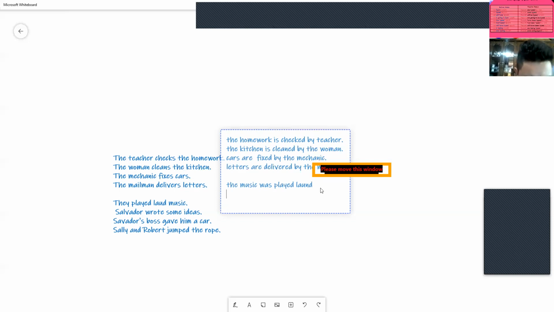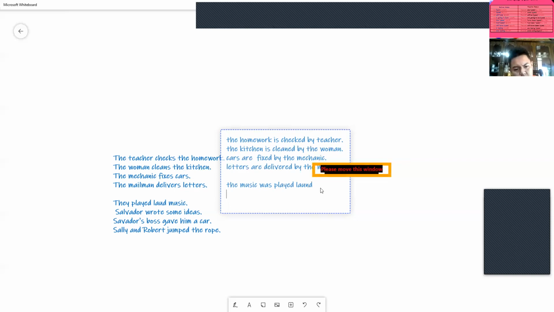Ideas. But specifically, es que dice Salvador wrote some ideas. Some ideas. Oh, ya. Ideas. Ok. Entonces sería Salvador, ¿no? What is the object? Ahora escribe.